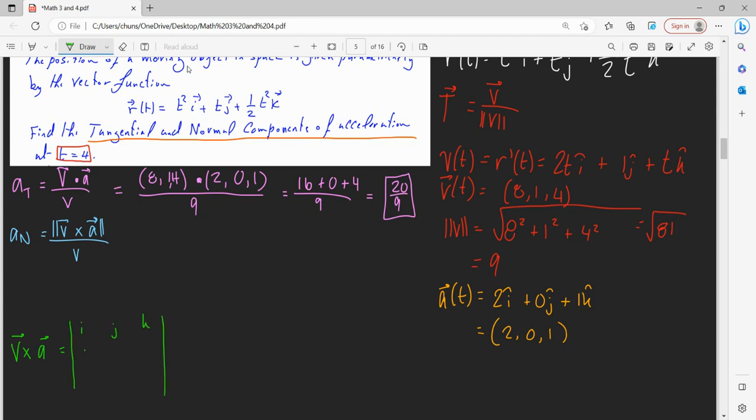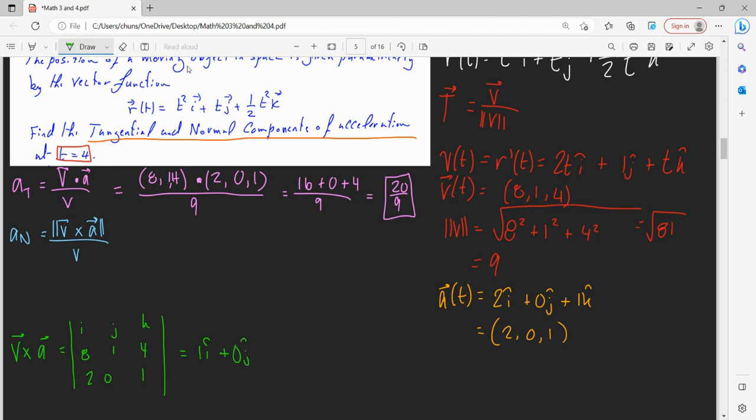So the first one is velocity, so we'll put those in for the second row. And then we have acceleration, so that's going to give 1i minus, in our j component we have 8 minus 8, so that's just 0.